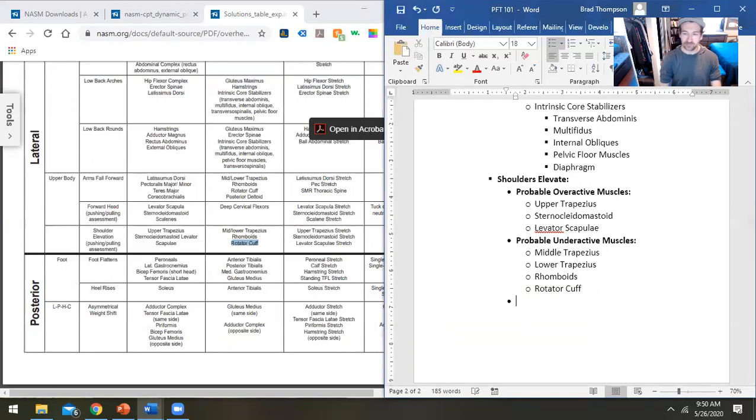All right. Let's look at our last one here, which is going to be forward head posture. So really, again, kind of looking at the upper cross stuff, right? Our probable overactive muscles, same list.